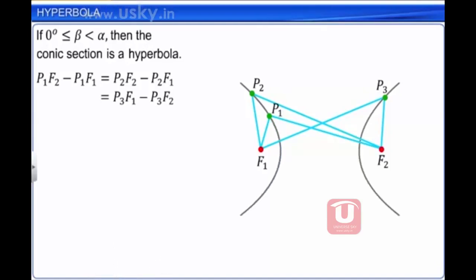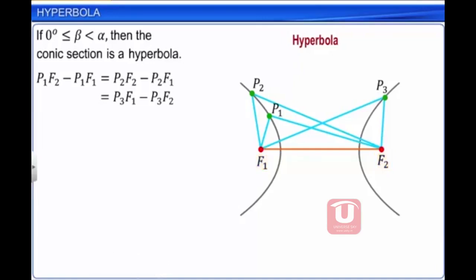Thus, a hyperbola is the set of all the points in a plane, the difference of whose distances from two fixed points in the plane is constant. Remember that to find the difference between the distances of a point from the fixed points F1 and F2, we always subtract the distance of the nearer fixed point from the distance of the farther fixed point.